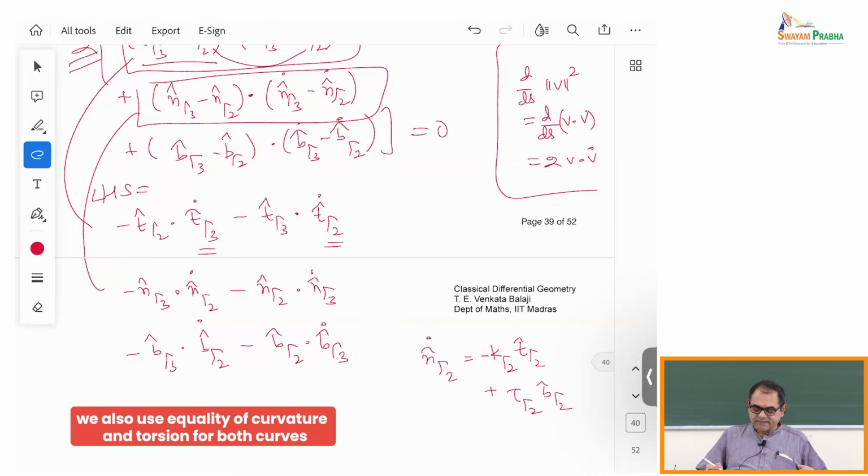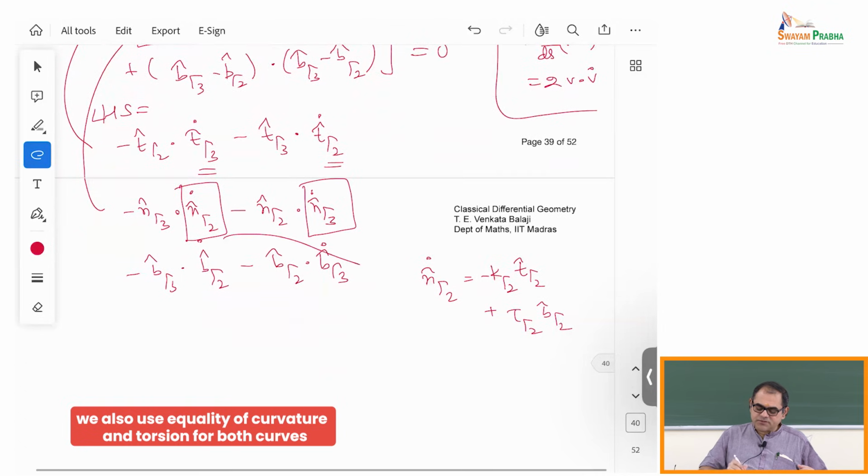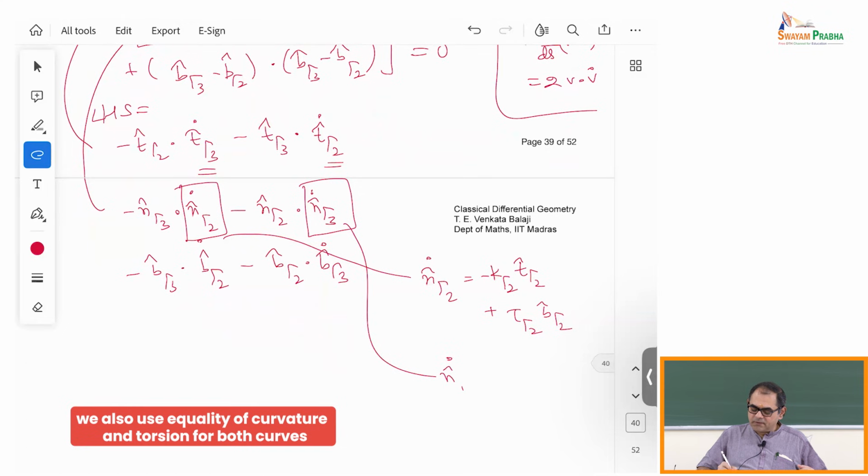This is the second Frenet-Serret equation. So this I substitute here, and similarly I have to substitute here, where I will get n cap dot gamma 3 equal to minus k gamma 3 t cap gamma 3 plus tau gamma 3 b cap gamma 3.